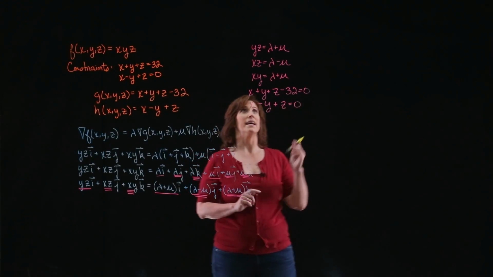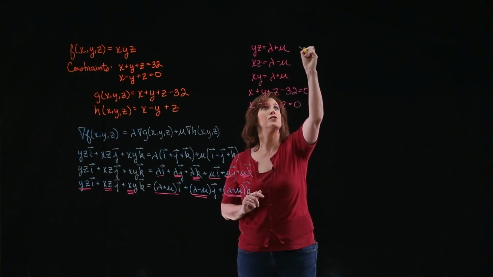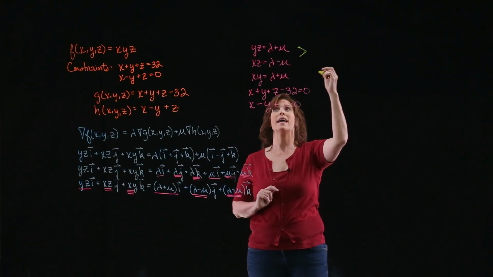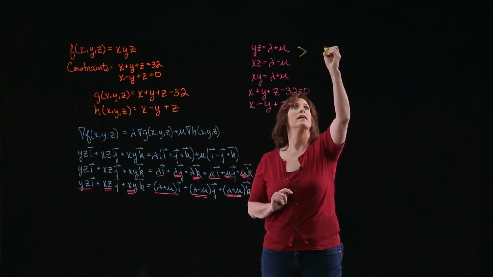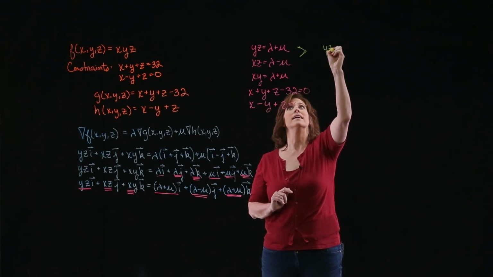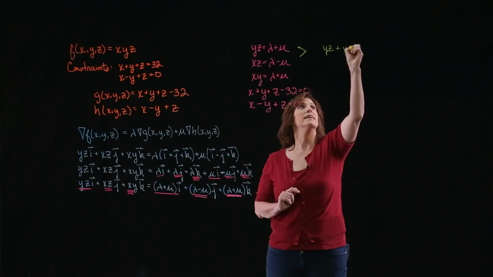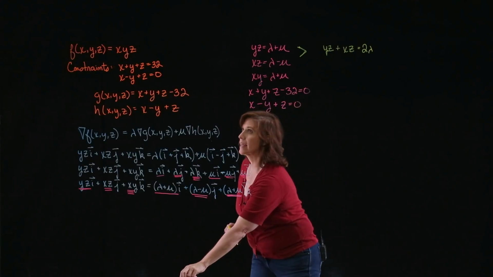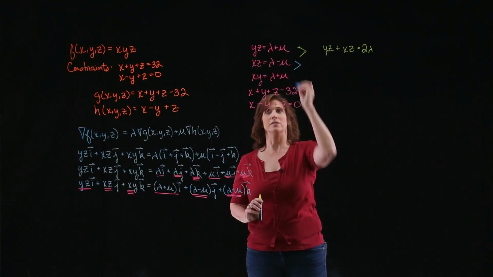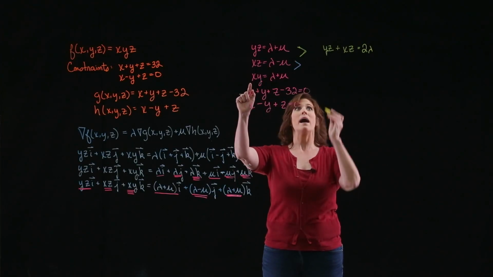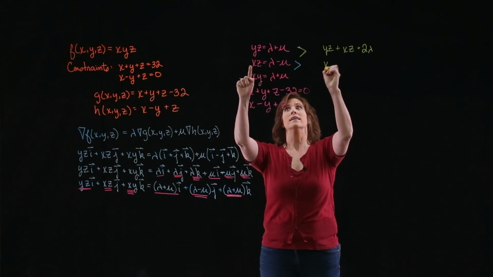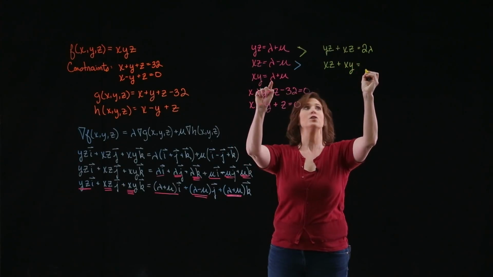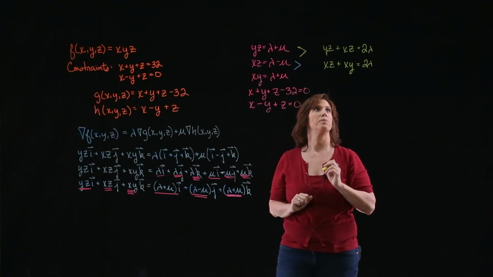All right, so I'm going to begin by combining those first 2 equations. I notice that if I add these 2 together, I'm going to end up with yz plus xz equals 2 lambda. And if I combine these 2 together and add them, I'm going to end up with xz plus xy equals 2 lambda plus 0.